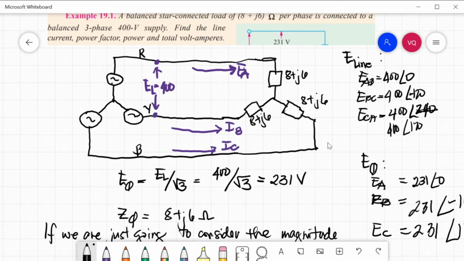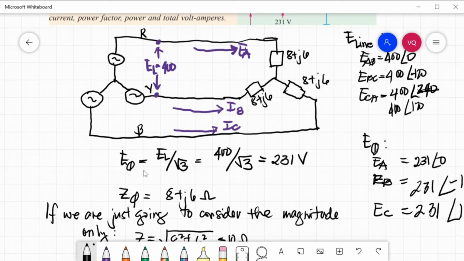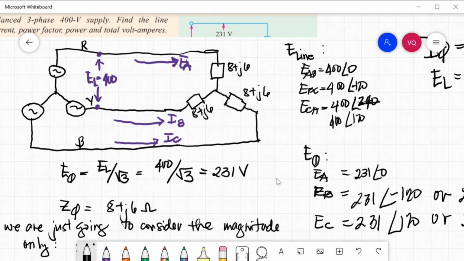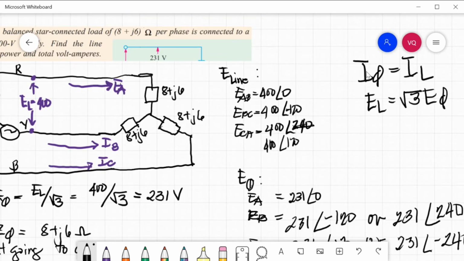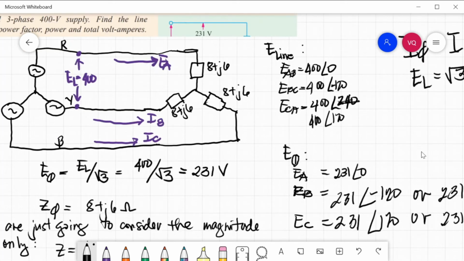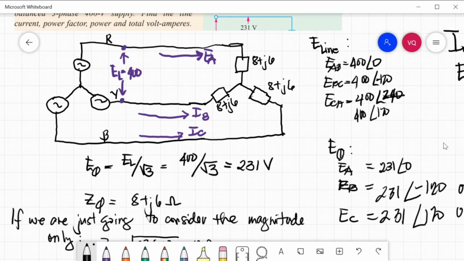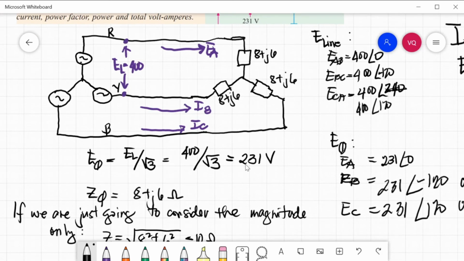Then we are going to solve for the phase voltage of this problem. For a Y-connected load, the line voltage is equal to the square root of 3 multiplied by the phase voltage. The phase current is equal to the line current for Y connection. So E phase is equal to 400 divided by square root of 3, that is 231 volts.